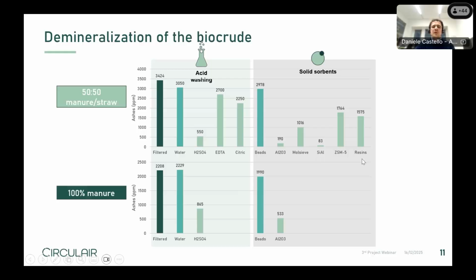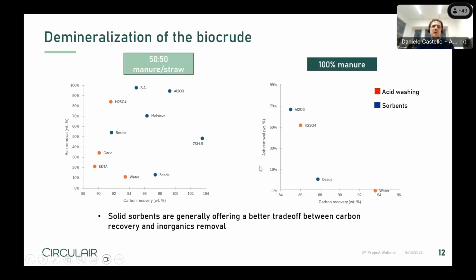And one thing that was quite remarkable for us was that the utilization of solid sorbents also resulted in a very important reduction, especially using materials like alumina and silicoaluminate. This also brought a comparison of the two technologies in terms of ash removal on one side and carbon recovery on the other.